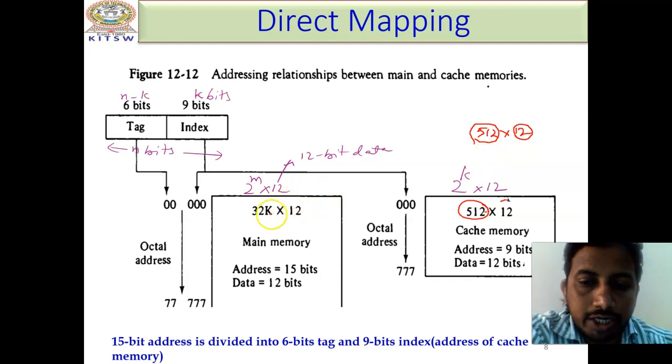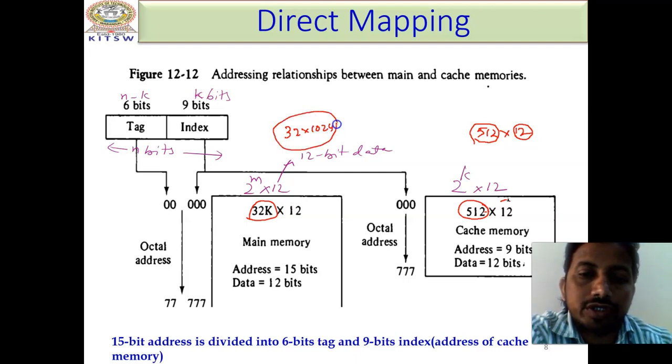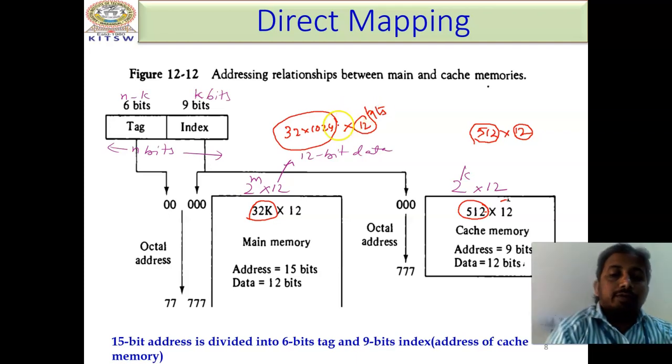Now 32K means 32 times K, where K is 1024. So these are the total memory locations, and each memory location is storing 12 bits of data. It may be a byte or whatever it is. And now we are considering 12 bits of octal addresses.